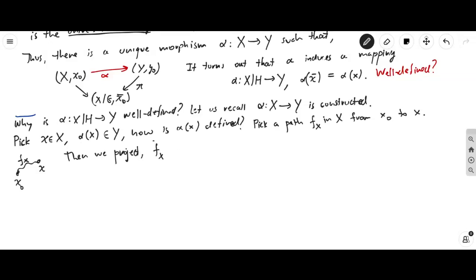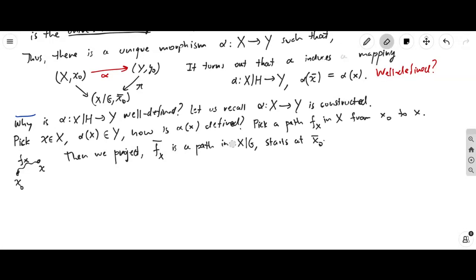So fx bar is a path in the quotient that starts at x0 bar. You notice that I write a path, I do not write a loop, because this x is an arbitrary point. It's not a translate of x0. This is just an arbitrary point, so I'm not saying it is a loop.